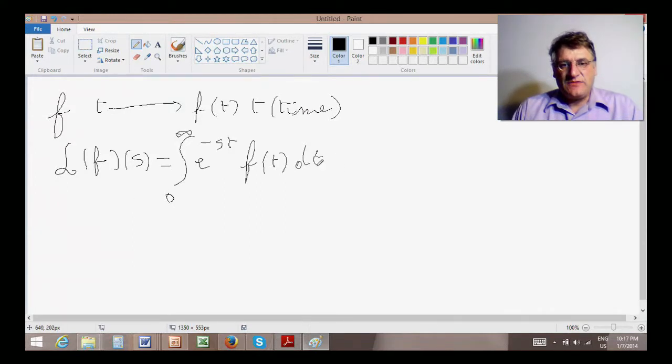Now, what I am interested in looking at now is the effect of the Laplace transform on new quantities. So one of these is what happens if I take f of t and I multiply it by e to the minus at. I'm interested in computing the Laplace transform of this.